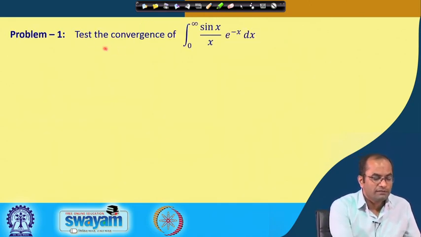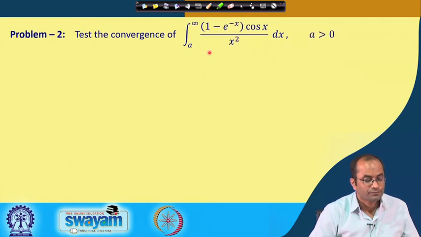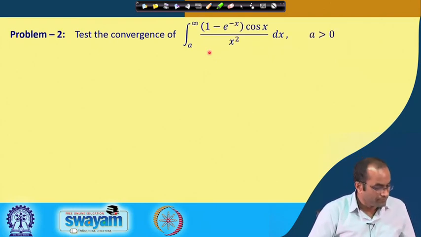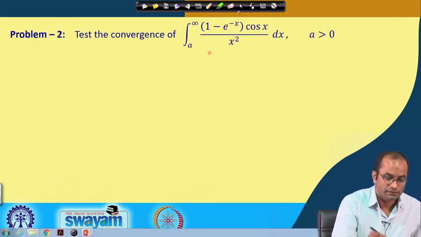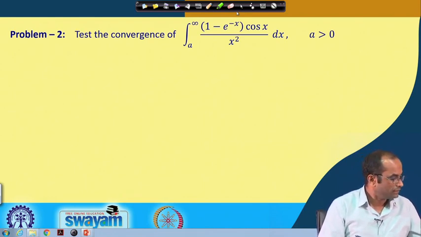Another of a similar kind: we can test the convergence of the integral from 0 to infinity of sin x over x times e to the power minus x, for any positive value of a. So, what we will do, we can prove this again easily.